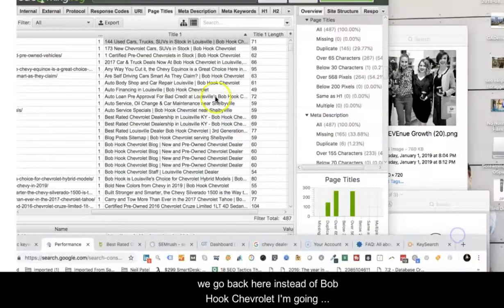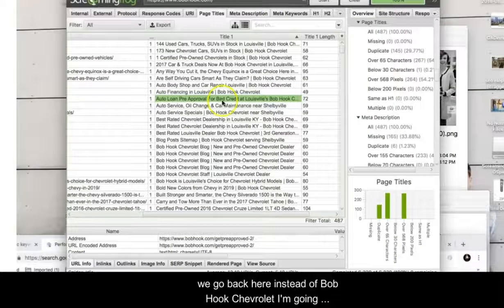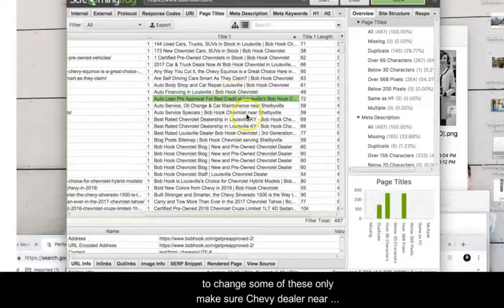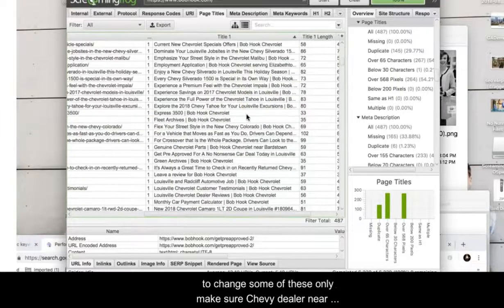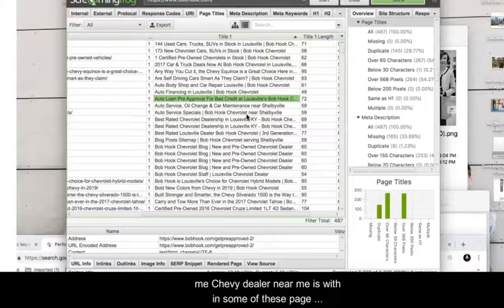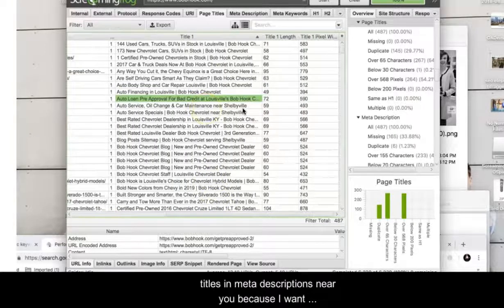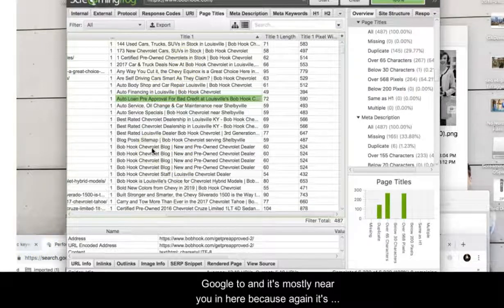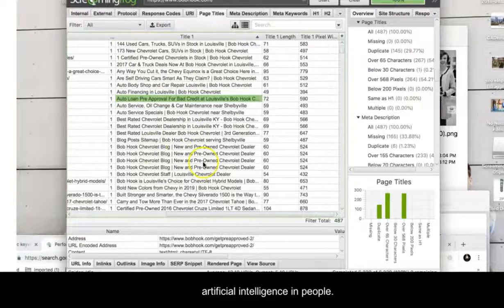So we go back here, instead of Bob Hook Chevrolet, I'm going to change some of these, and I'm going to make sure Chevy dealer near me is within some of these page titles and meta descriptions near you, because I want Google to, and it's mostly near you in here, because again, it's artificial intelligence and people, Google is going to understand that.